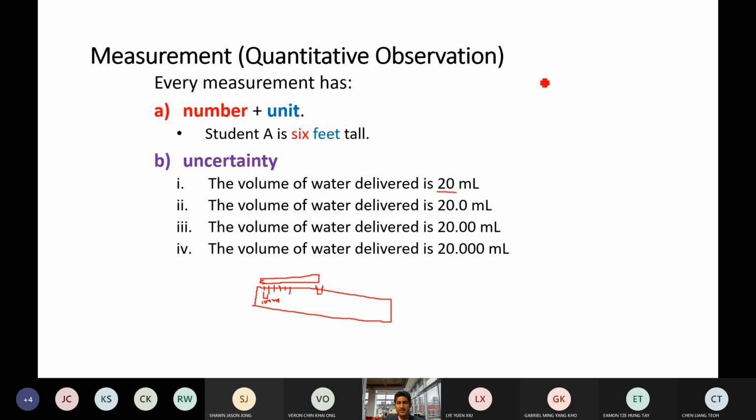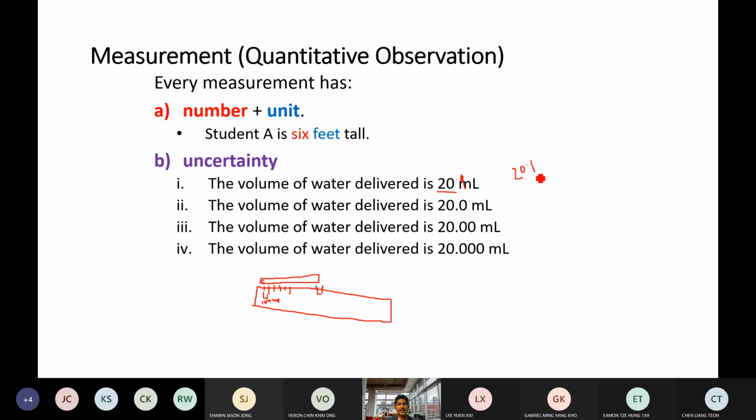So the flask, or the pipette or burette, can measure every 1 milliliter graduation. In between that 1 milliliter, it cannot detect anything. So if I have 20, I do not know, it can be 20.9, or it can be 20.1 as well. And I will not know.